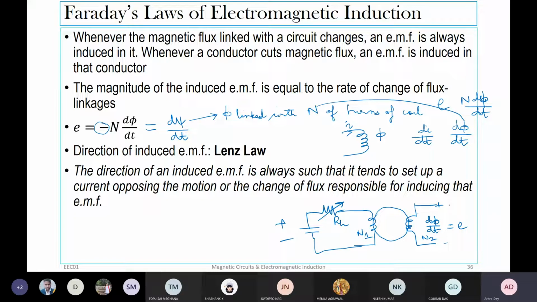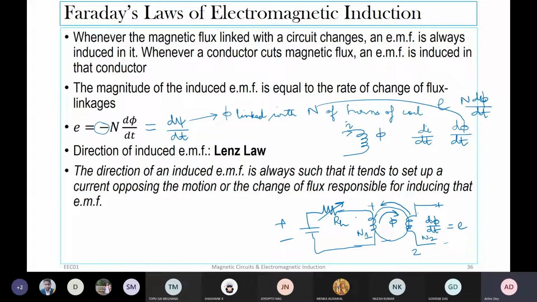The polarity will be in such a way that it is trying to oppose it. If the flux direction is in this way, then the flux produced in coil 2, the N2 coil, will be in such a way that it is trying to oppose the current flow through the circuit. So this will also induce the voltage here, and that will try to nullify the current, right?